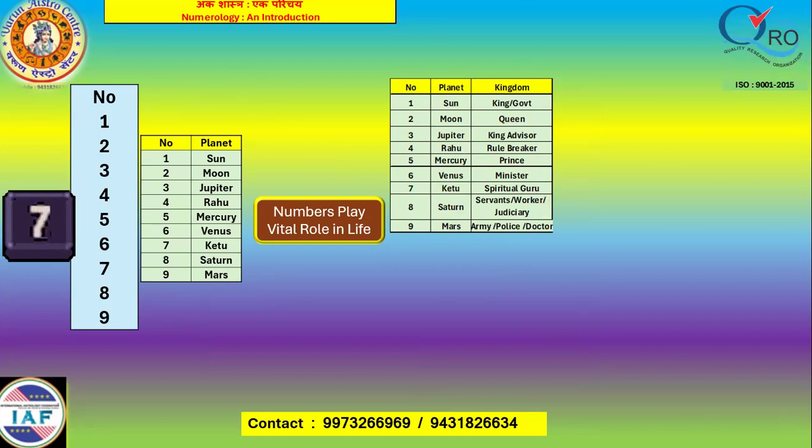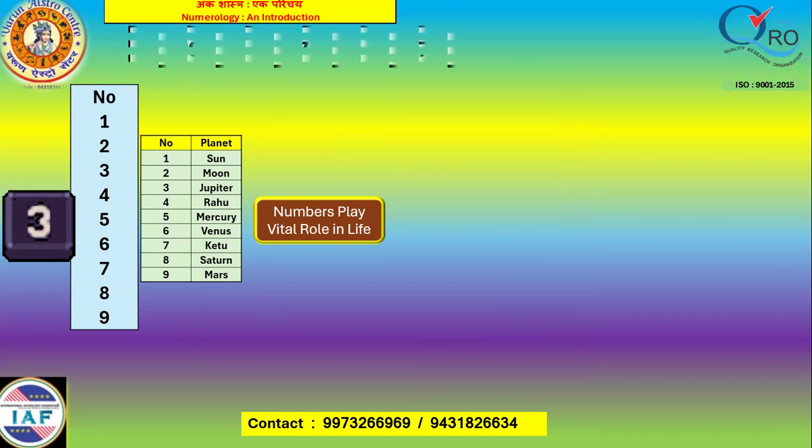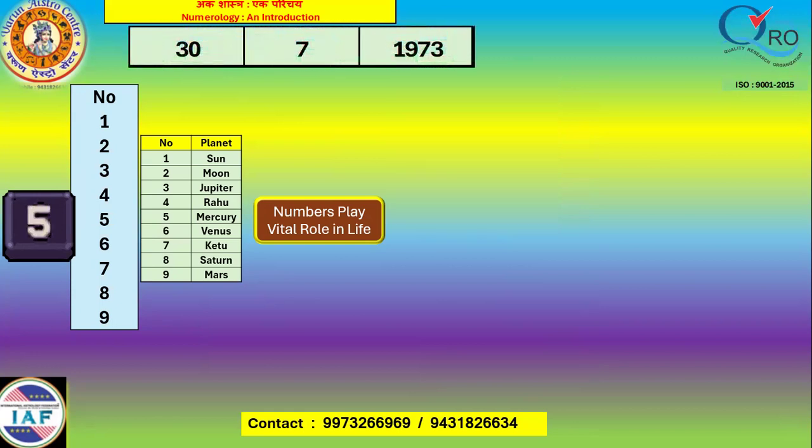So in numerology, there are two types of data which we are supposed to handle. And these are birth related, the date of birth, which is gifted by God. It is static data, it does not change. And there are a few numbers which are derived from the birth date.